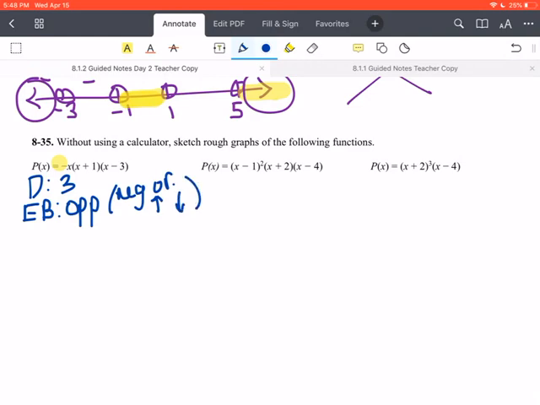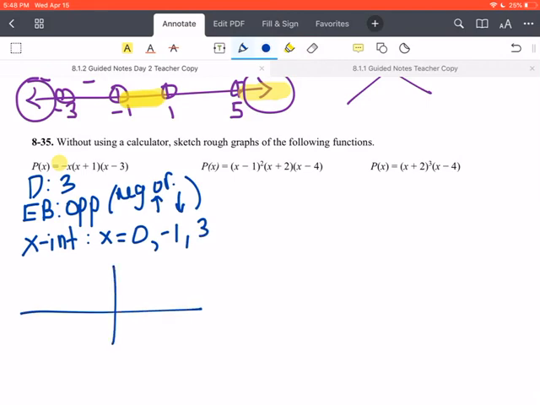So now I have to look at my x-intercepts. Negative x equals 0, so that means x has to equal 0. X is going to equal negative 1. X is going to equal 3. So now when I sketch my axes, I'm going to put my negative 1, my 0, and my 3. And then I'm going to think about my end behavior and the fact that none of the factors are being raised to powers.